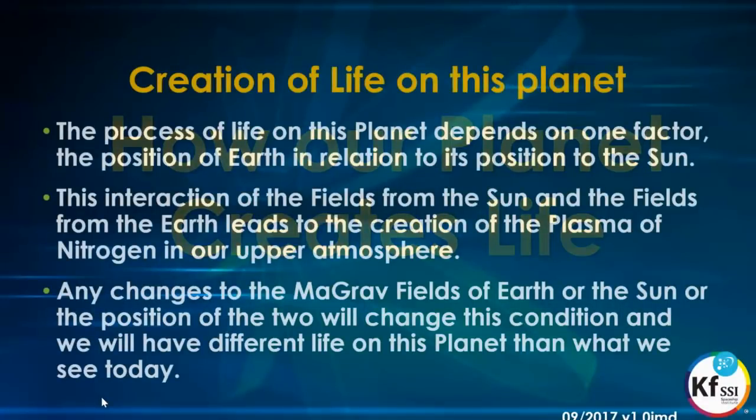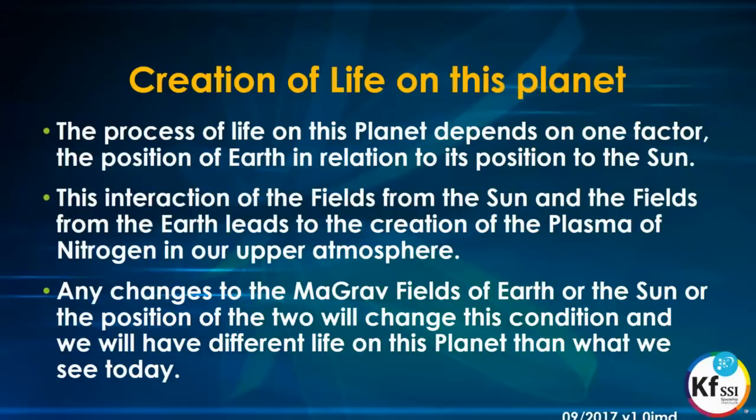So the process of life on this planet depends on one main factor, and that is the position of our Earth in relation to its position to the sun. And it's this interaction of the fields from the sun and the fields from the Earth which leads to the creation of the plasma of nitrogen in our upper atmosphere on this planet.